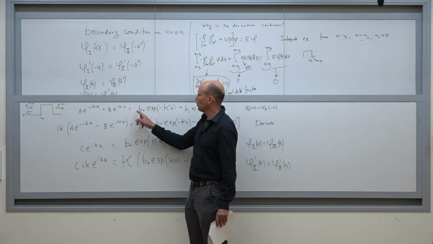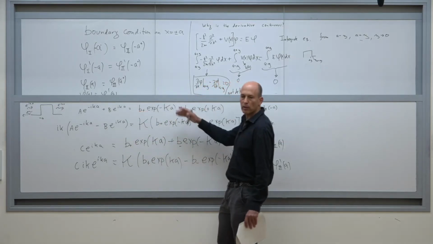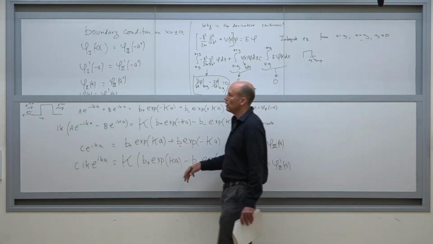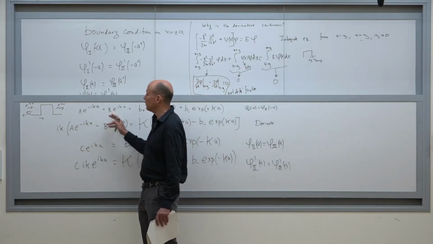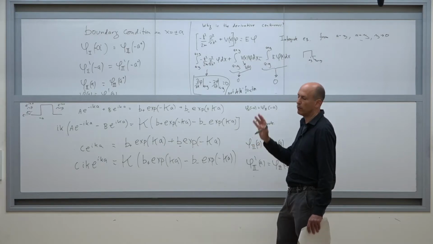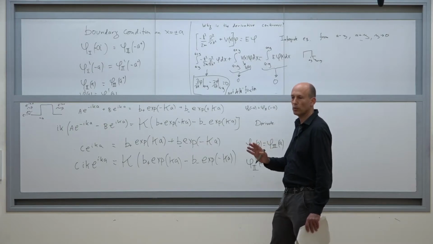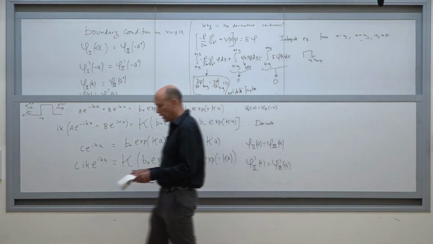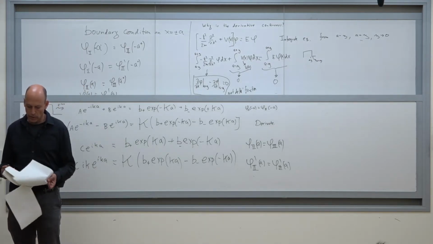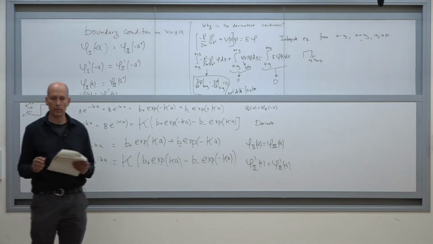For example, to get rid of them, multiply this equation by kappa plus and then subtract them, and so on, to get rid of B plus, and then you get rid of B minus, and you get some equation which involves A, B, and C. If you think about A as a constant, these are 4 equations with 4 unknowns. You can solve this. It's a lot of algebra. I'm not doing it. You should do it. I actually did it a long time ago. I'm not going to go into all the details, but you see here I did it. It's 2 pages of algebra, but it's not so bad.